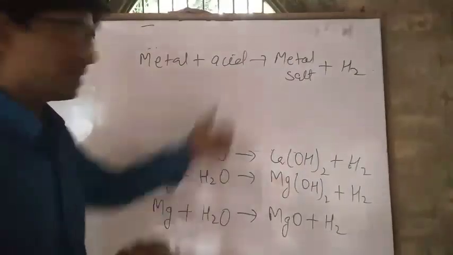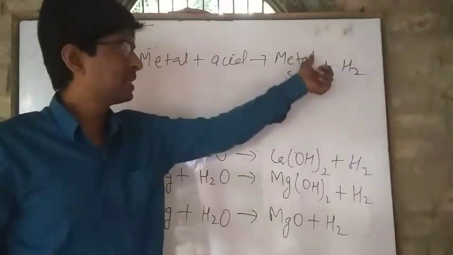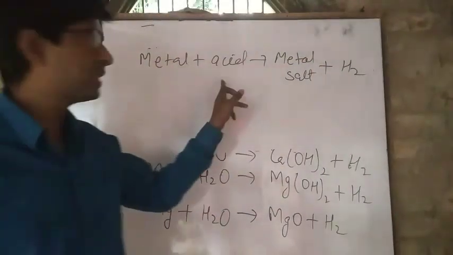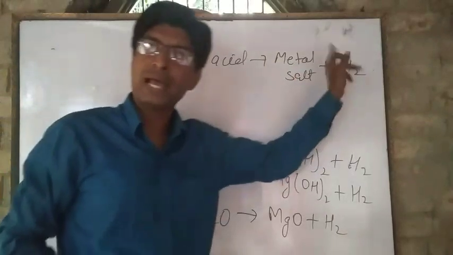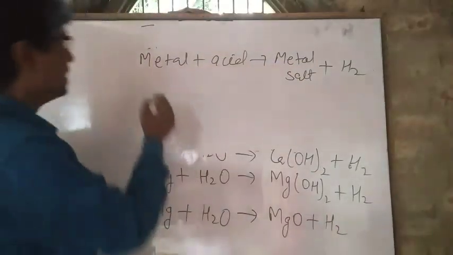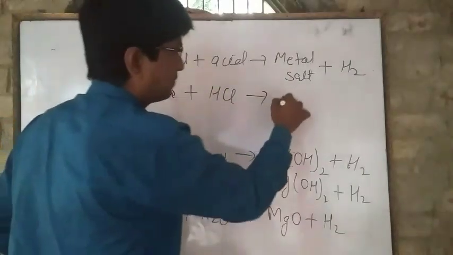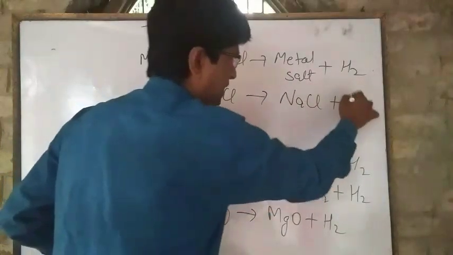So, metal plus acid gives metal salt plus hydrogen gas. For example, I write here sodium plus HCl produces NaCl plus H2.